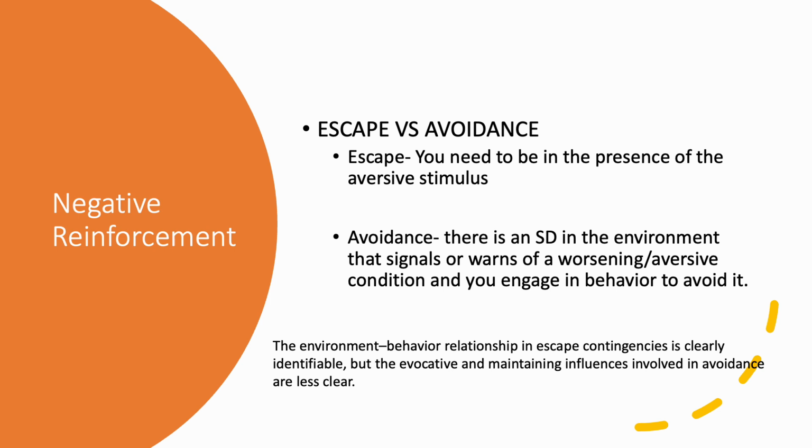So in the example of the toxic ex-partner, it's very easy to pinpoint why you're avoiding that particular person. But there are going to be situations in our life where it's very difficult to identify why we even engage in avoidance behaviors to avoid particular stimuli. So with escape contingencies, it's very easy to identify that EO, whereas with avoidance contingencies, it can be a little bit harder.